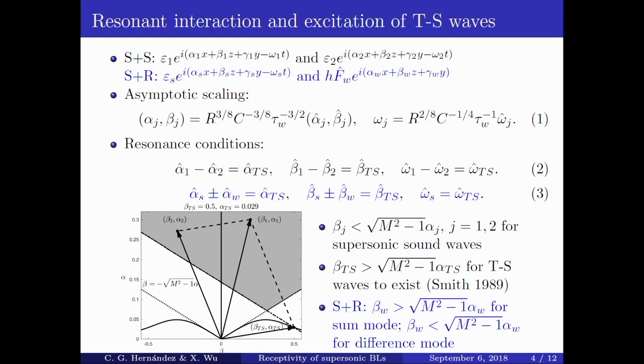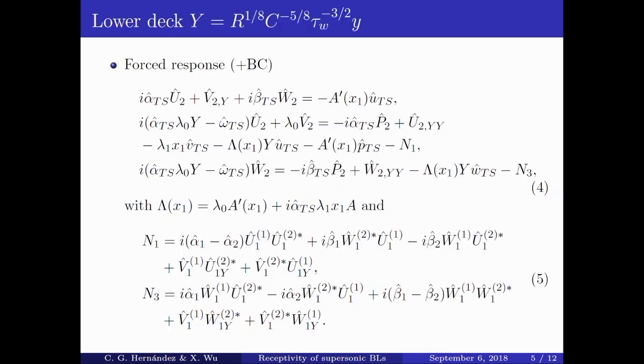Also, for both problems, sound-sound and sound-roughness interactions, some resonance conditions have to be fulfilled. We are now ready to formulate the triple deck problem. I will skip most of the equations because they can be very tedious, and I think we would lose the essence of the problem.